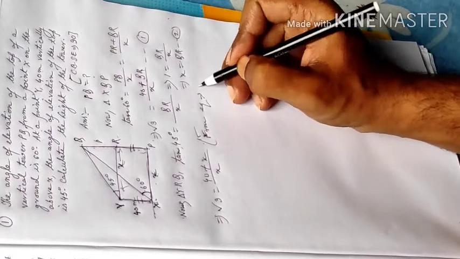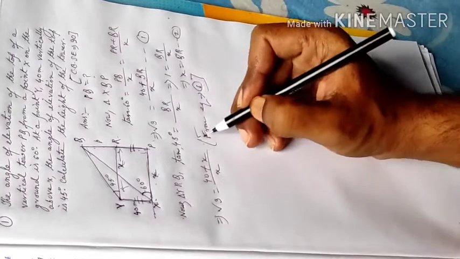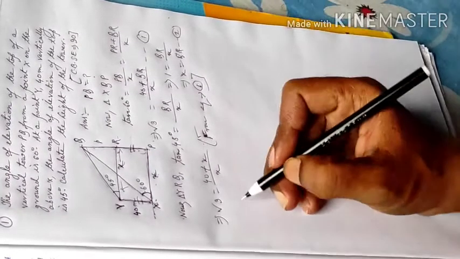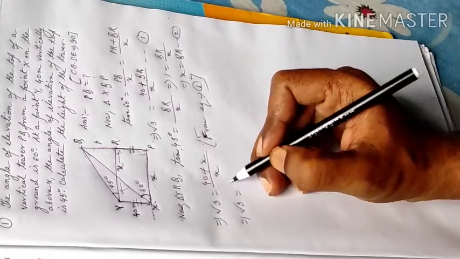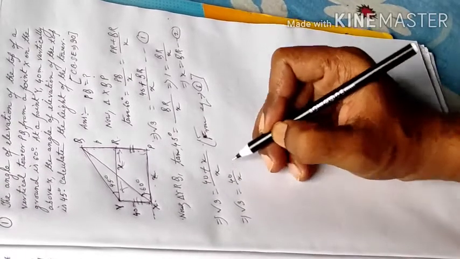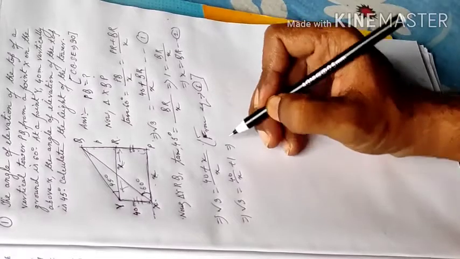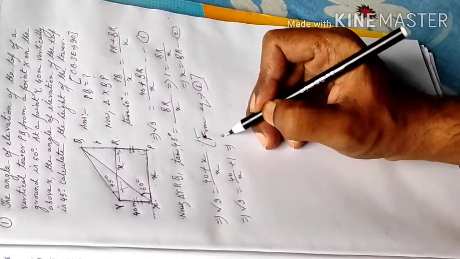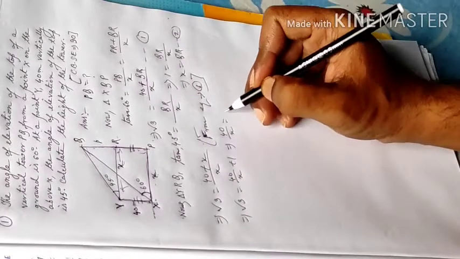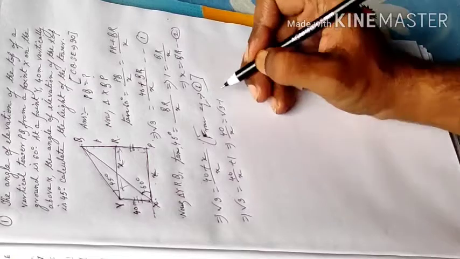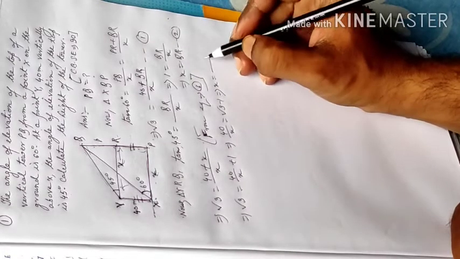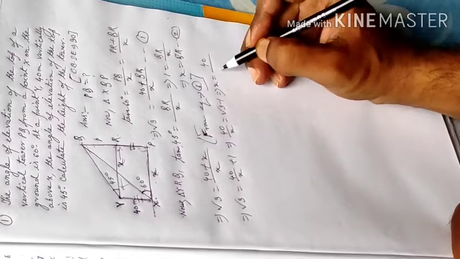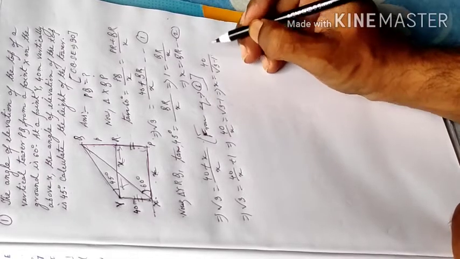From equation 1 we get root 3 is equal to 40 by x plus 1, or 40 by x is equal to root 3 minus 1, or x is equal to 40 by root 3 minus 1.